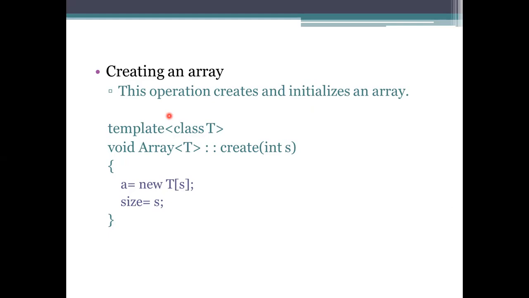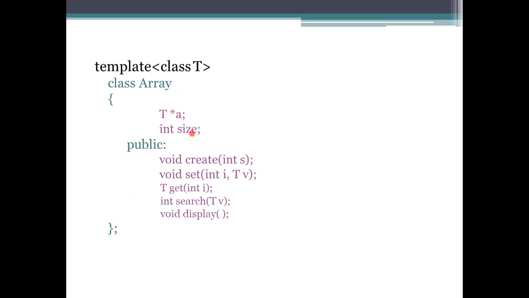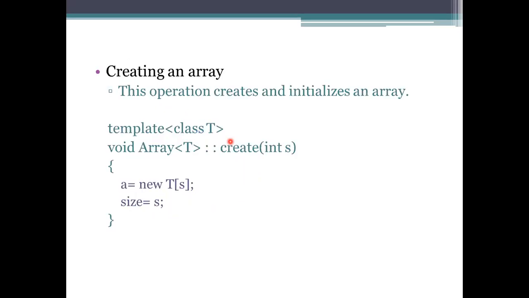So a is equal to a new object, created for a new array of size s here. The size is mentioned with s, and whatever size we use in this creation will affect the remaining programs we are using.